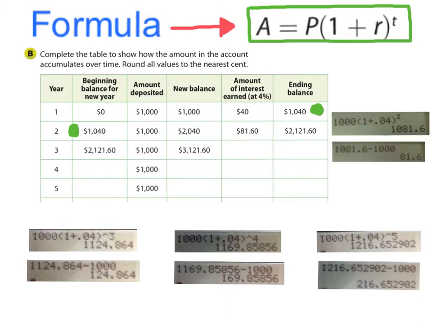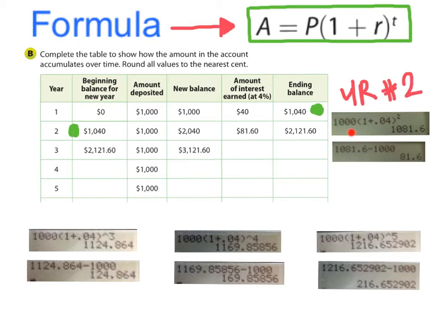For me to keep going and get this information, I'm going to have to type in my calculator this formula and then subtract the original amount just like we did before. So right over here on the side, this is for year number 2. I'm going to follow what the formula says.